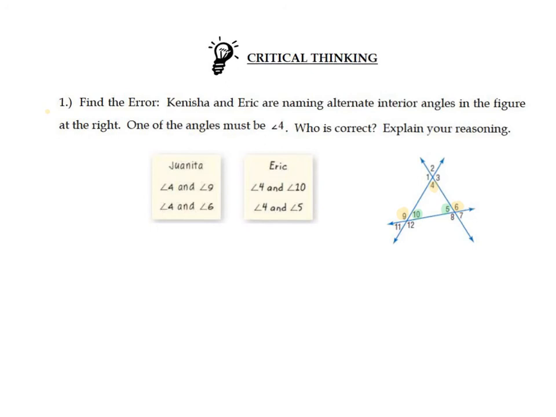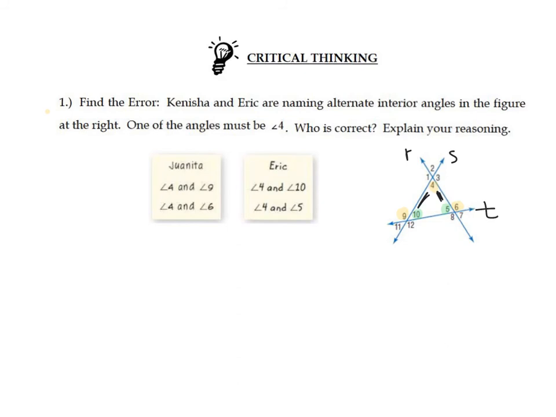So let's go ahead and give our 3 lines names so it's going to be easier to identify them. So let's just go with R, S, and T. It's pretty easy letters so we can identify the lines we're talking about. So if I'm going to treat line S as my transversal, and then R and T as my 2 lines, if I look, 4 and 10 fall on the same side of my transversal S. And then if I treat R as my transversal and S and T as my 2 lines, 4 and 5 fall on the same side of the transversal.